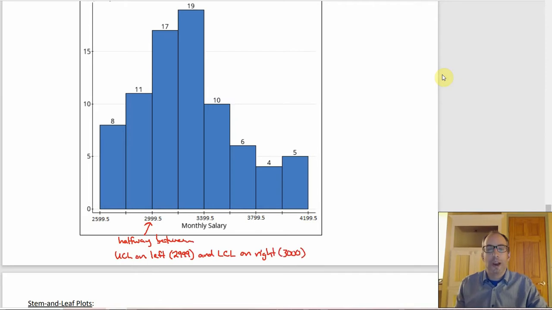So that's why that number is there, right? The class to the left of it cuts off at 2999, and the one to the right starts at 3,000. So it goes halfway between, says, okay, that's the value right between those two bars.